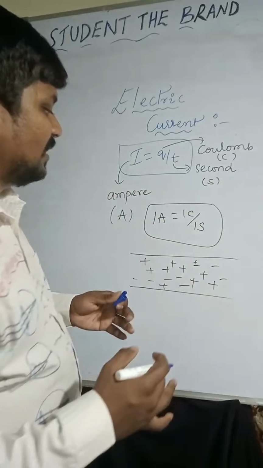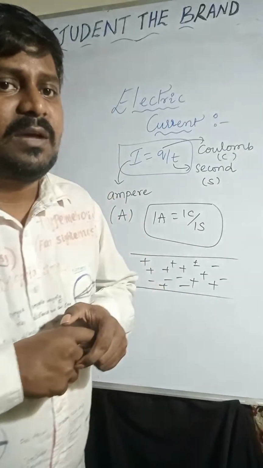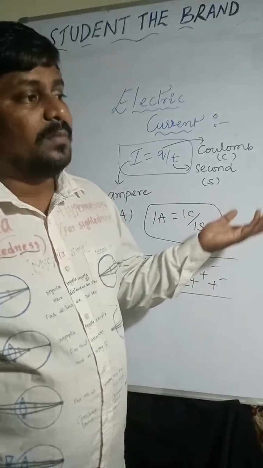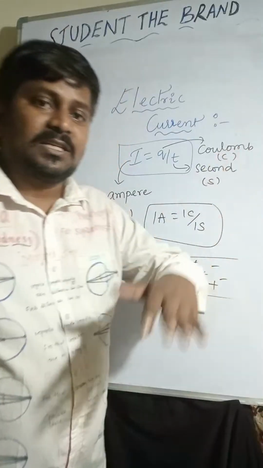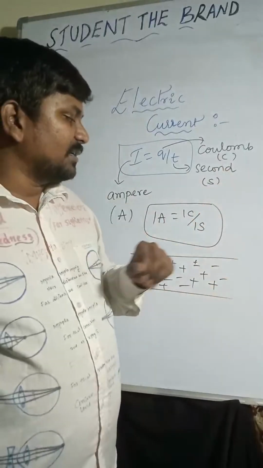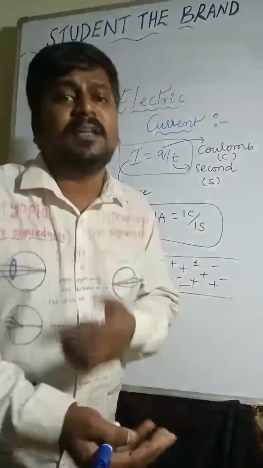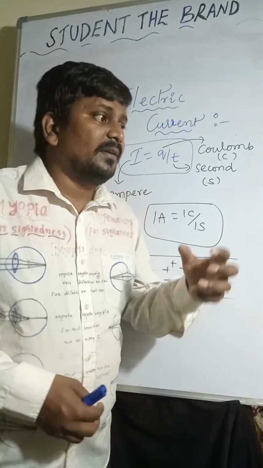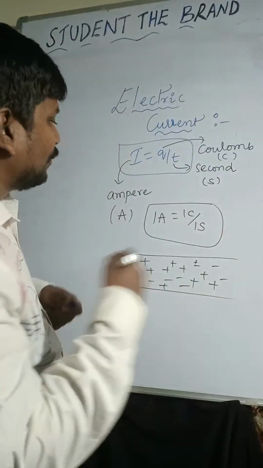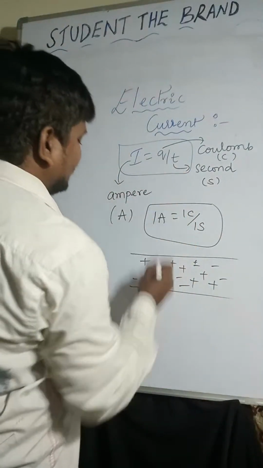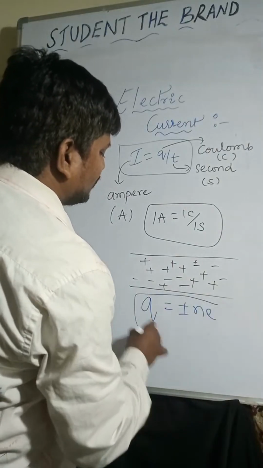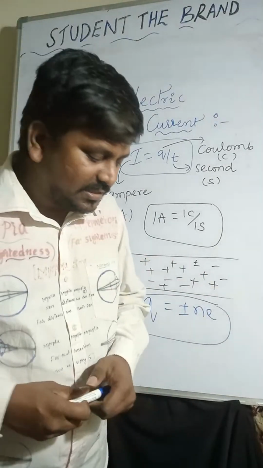Positive charges and negative charges are both there, moving inside the conductor in the format of integral multiples. So Q equal to plus or minus n e.